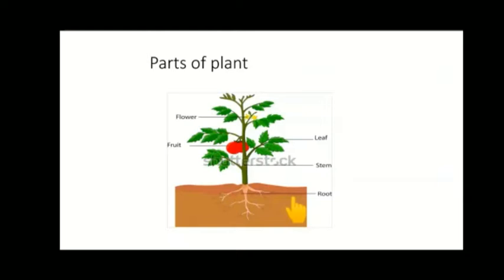The part above the ground is called shoot system. Now I am telling about roots. Roots absorb the water and minerals from the soil and send them to the remaining part of the plant, like this.